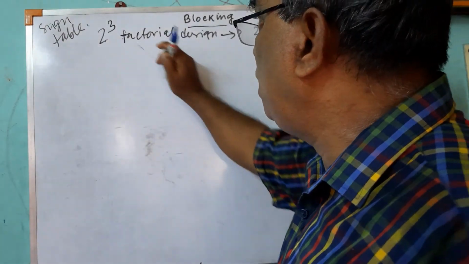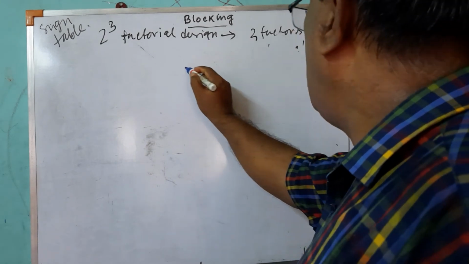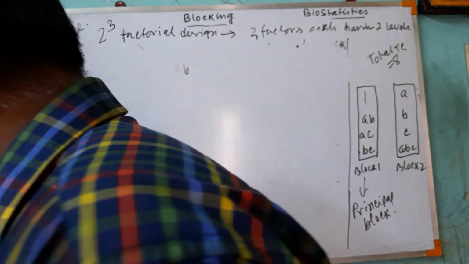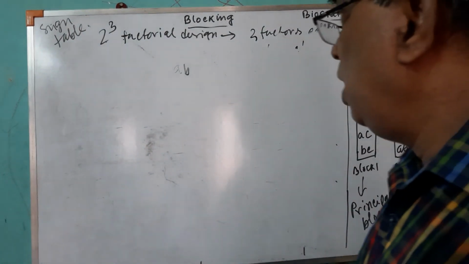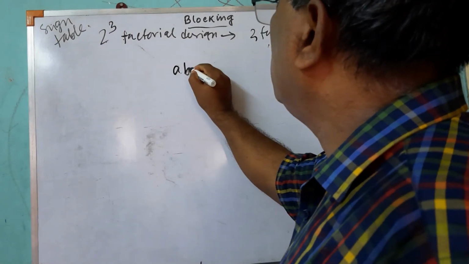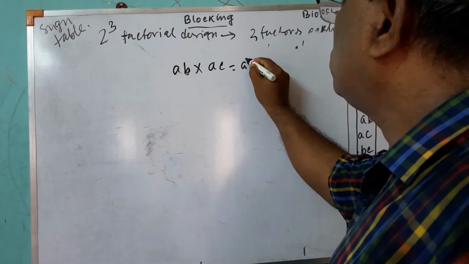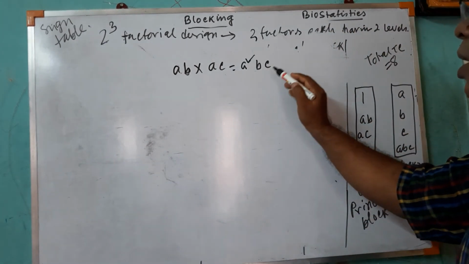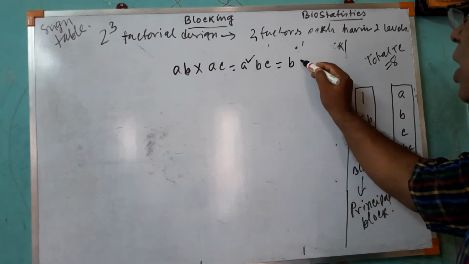So you have to maintain a formula. Suppose there are AB, AC, BC. Suppose AB is there, then AB multiplied with AC comes A square BC. So if there is a square term, then you have to put it as 1. So it comes 1 into BC, that is BC.